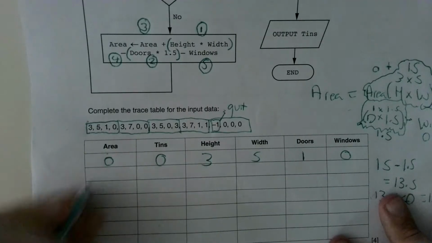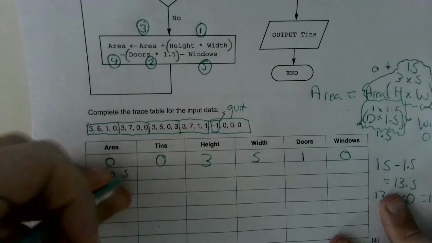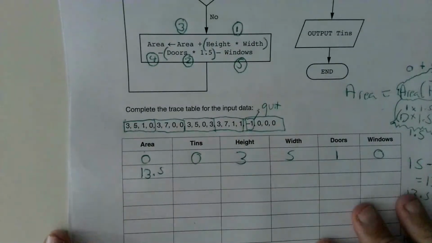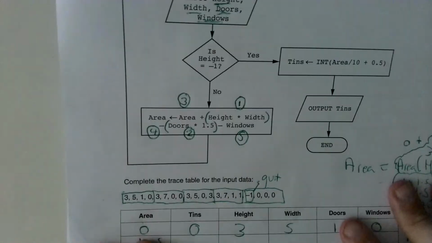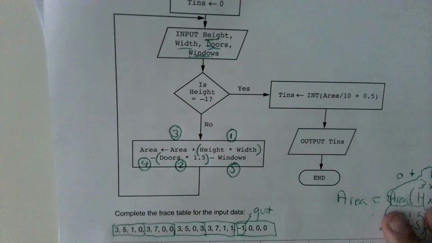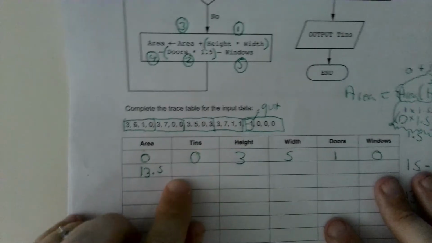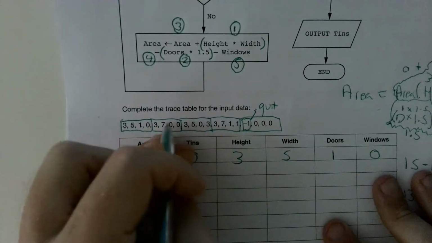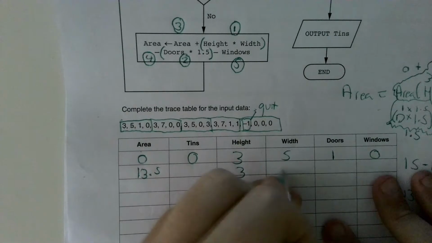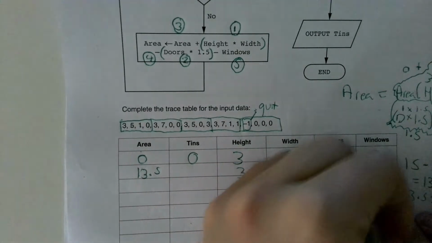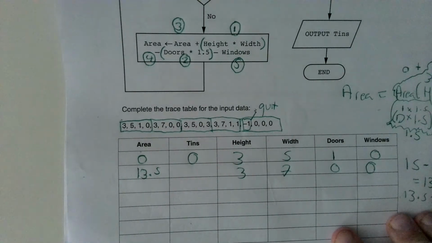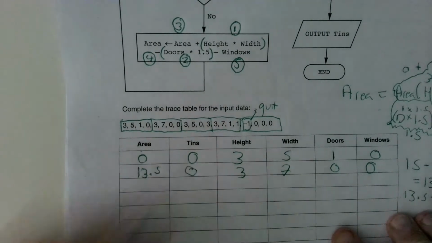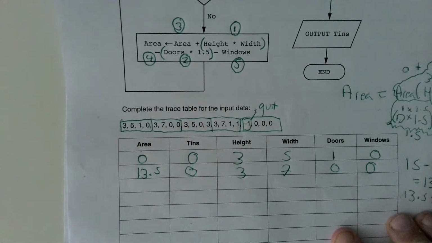So we then loop back to the top. We then input the next numbers, which is this group. 3, 7, 0, 0. We can leave this blank, or we can put a 0 here, it makes no difference. Okay. And what we want to do is work out the next area. So we simply do the same again.